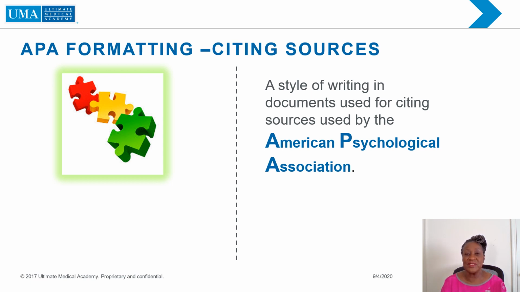It is one of the leading scientific and professional organizations representing psychology in the United States. It has more than 121,000 researchers, educators, clinicians, consultants, and students as its members.